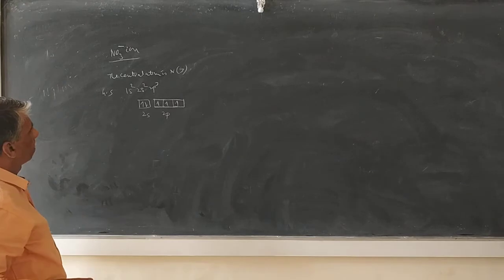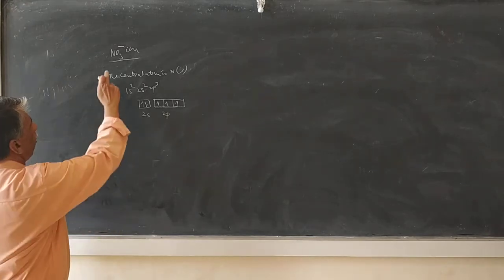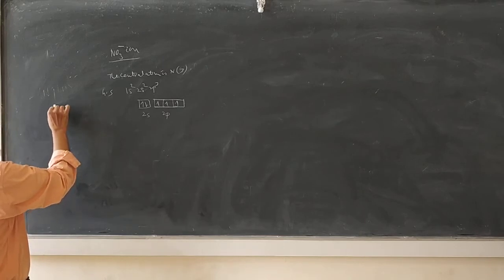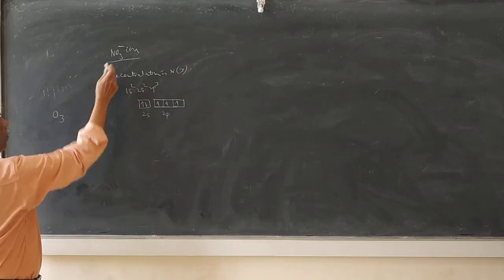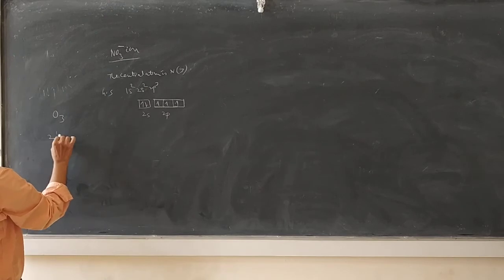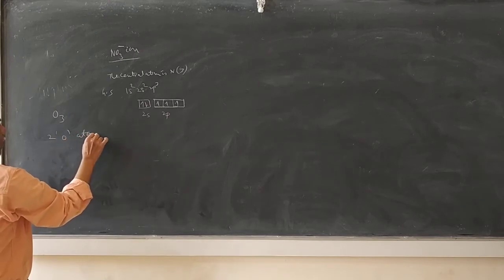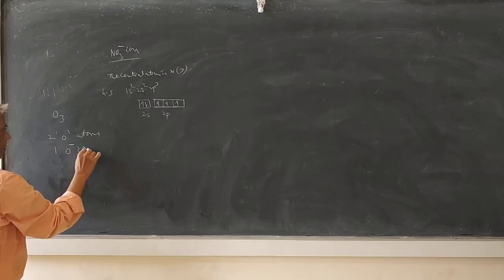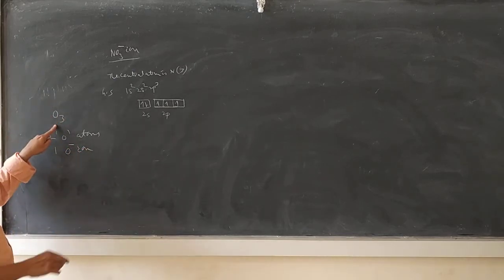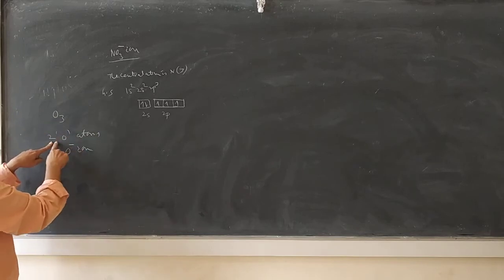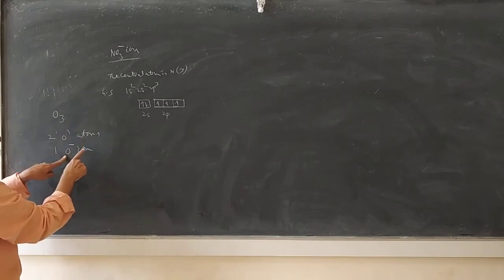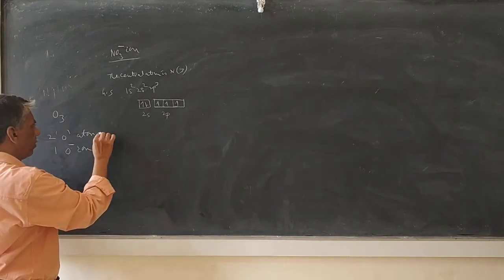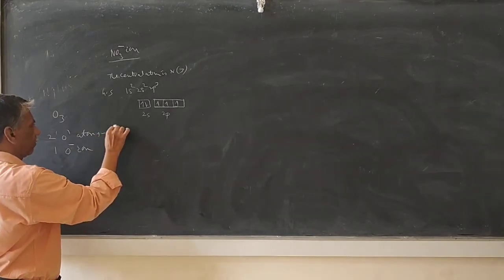Now just see here. How many oxygen atoms are here? Out of 3 O's, 2 are oxygen atoms and 1 is O minus ion. These 2 oxygen atoms give 1 electron each.